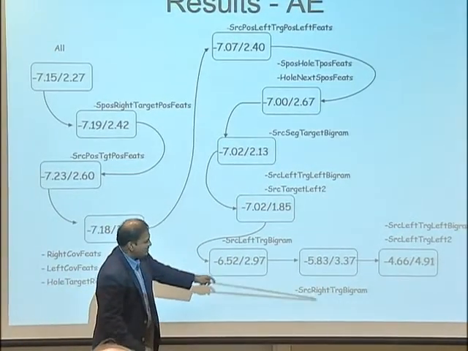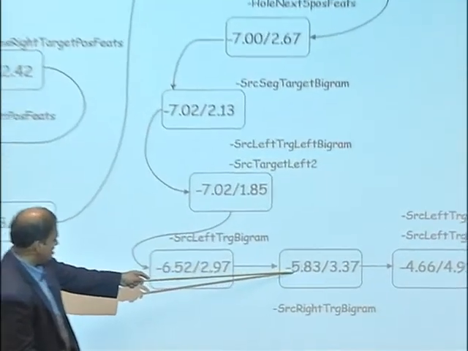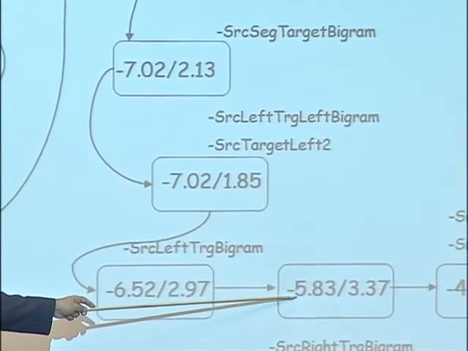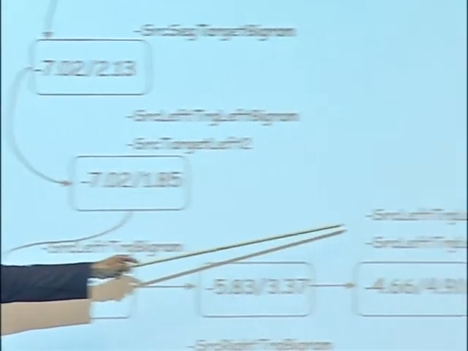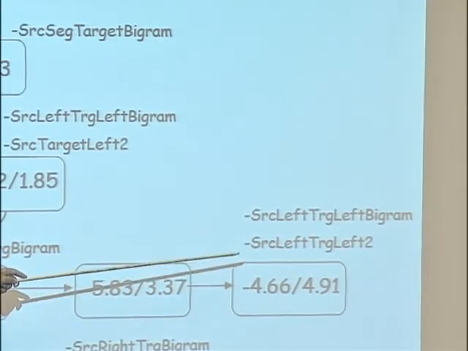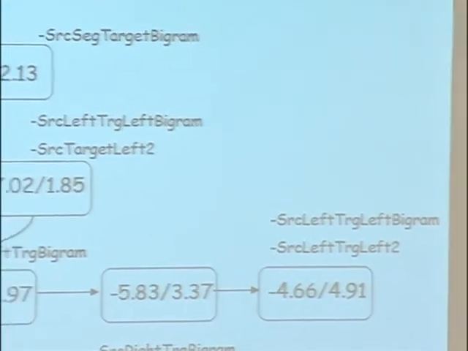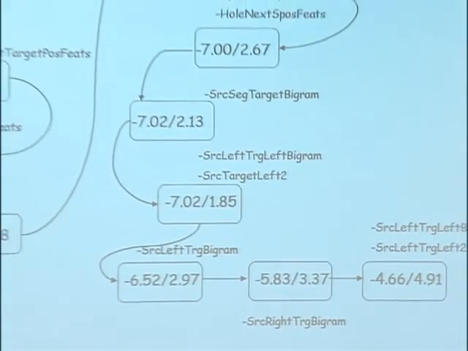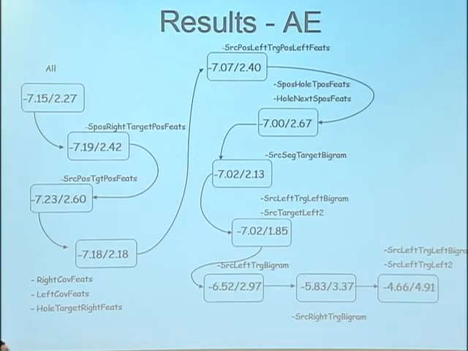If you take away the right context source, then you lose again another point almost, or 0.7. Right? And again, you lose 0.4 on the tail. If you take away the source left, target left bigram and the source left, these are trigrams on the target side, you lose another point. And this seems to be about the performance of most phrase-based decoders. So the features do seem to help.